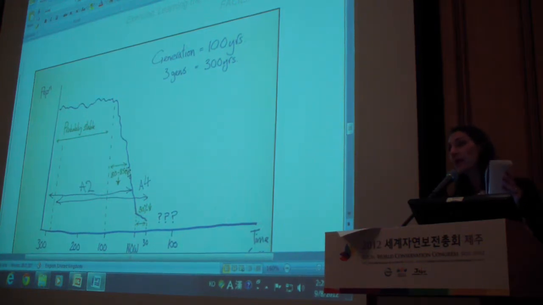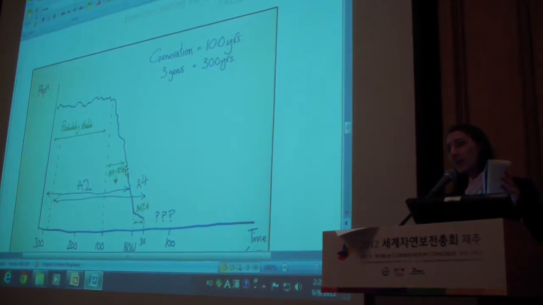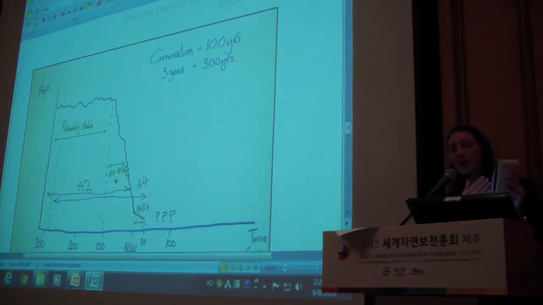If that means you have to go down to endangered because there's more than one location, then you do that. But if you meet different criteria for different categories, you would always list the species under the highest category of threat. So in this case, you list the species under critically endangered because it does meet that B2 threshold.